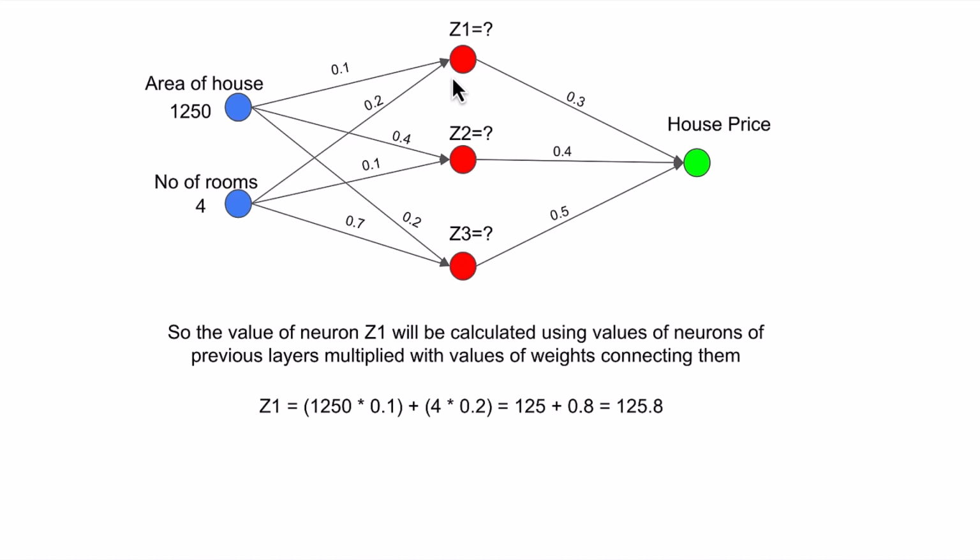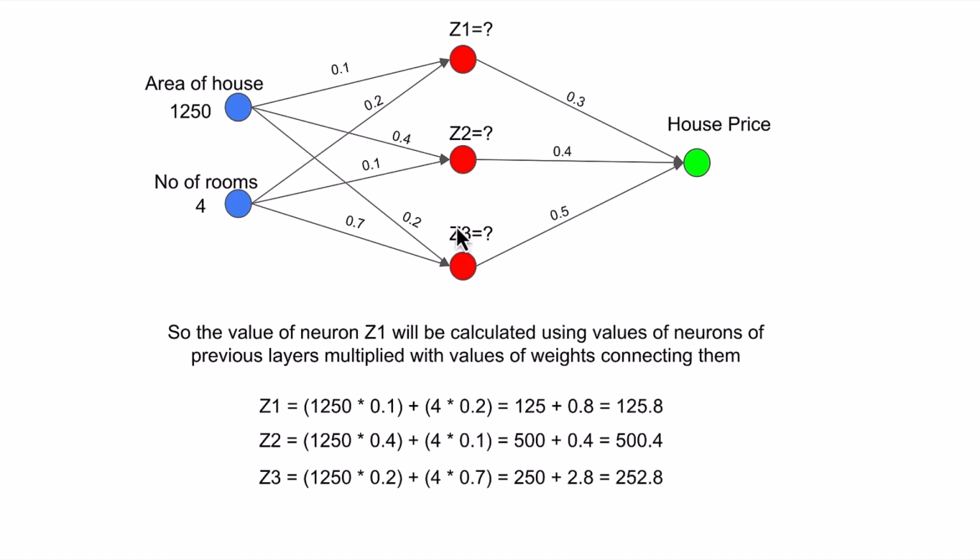And using the same formula we are going to calculate the values for Z2 and Z3 as well. You can see for Z2 we took the value of area and multiplied it with 0.4, and then we multiplied this 4 with 0.1 and we got the value 500.4, and then we did the same for Z3.